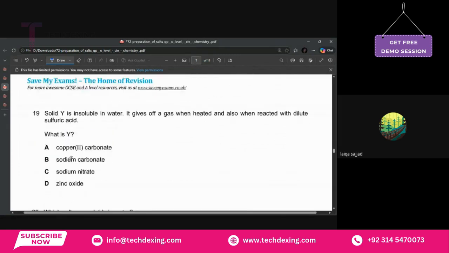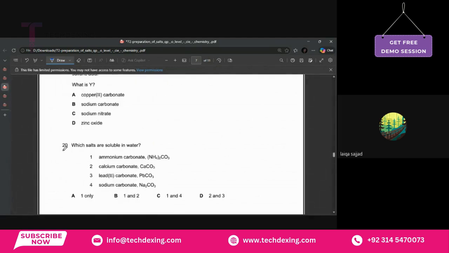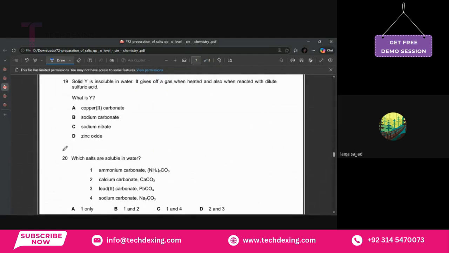Okay, then moving forward, we are given that solid Y is insoluble in water, and it gives off a gas when heated and also when reacted with dilute sulfuric acid. What is Y? Copper carbonate, sodium carbonate, sodium nitrate, or zinc oxide.